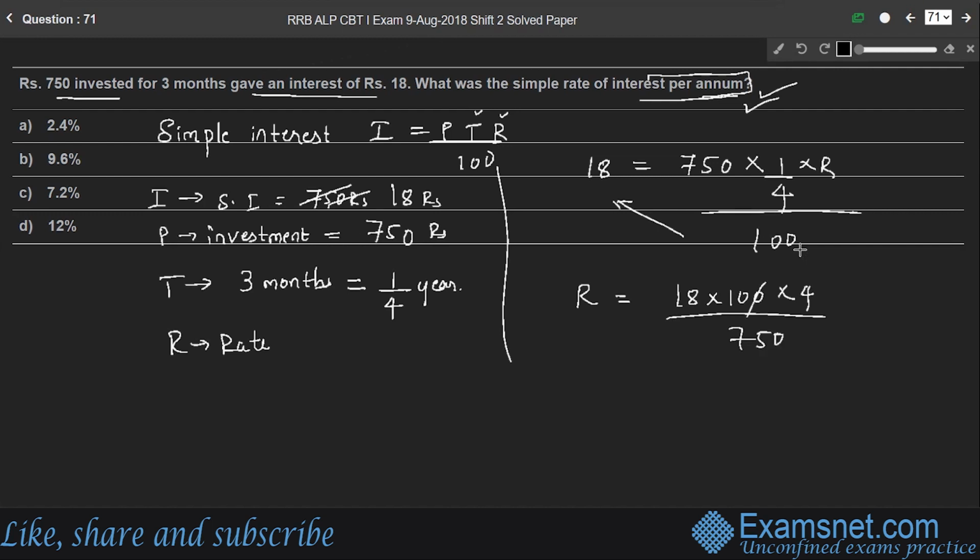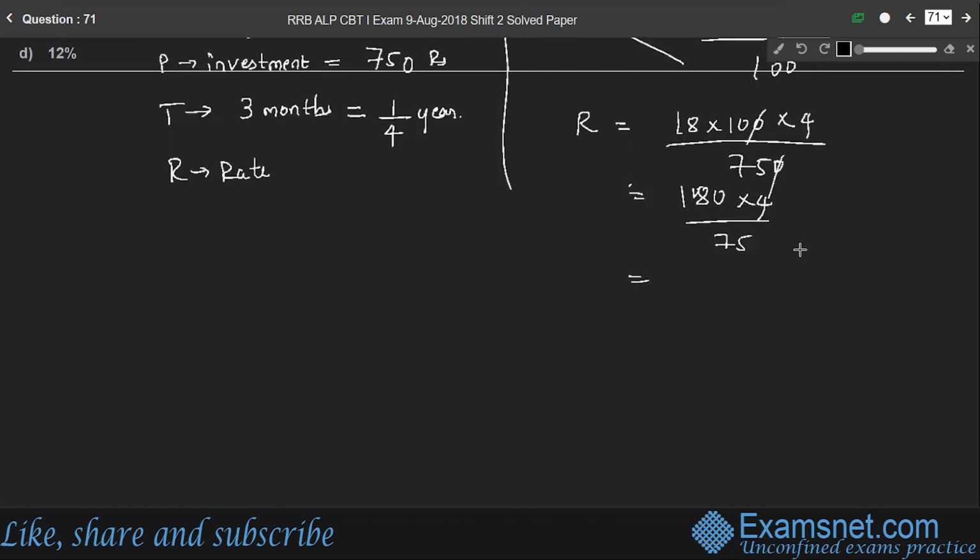You can cancel a 0. 18 into 10 is 180, into 4 by 75. Now 75 is divisible by 15. 15 into 5 is 75, 15 into 12 is 180. So 12 into 4 by 5 is the rate of interest per annum.